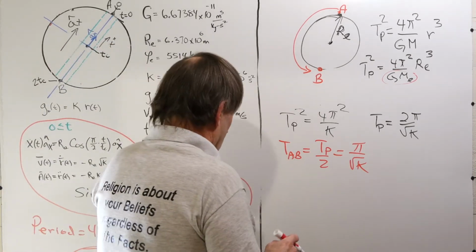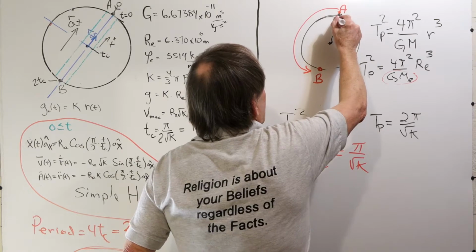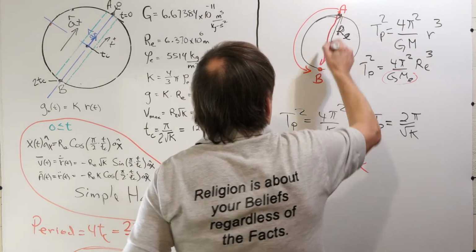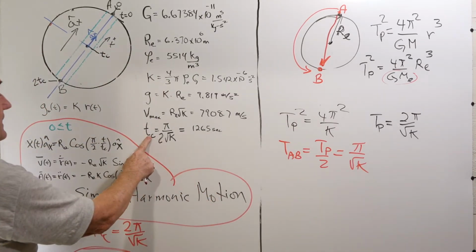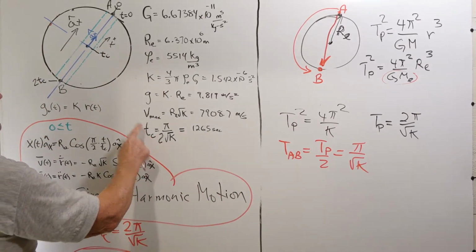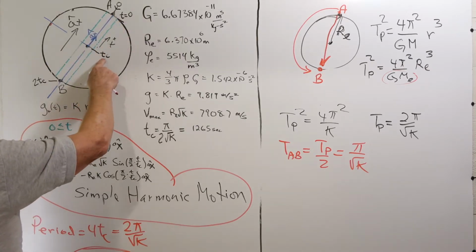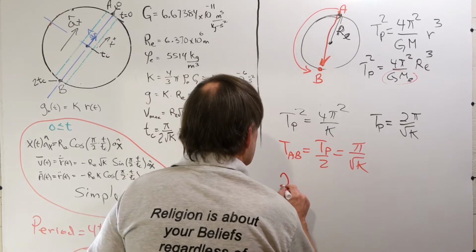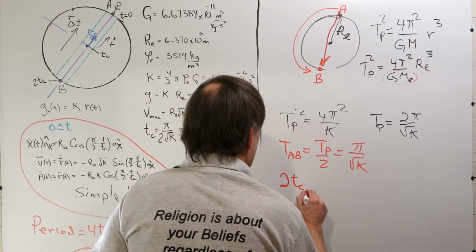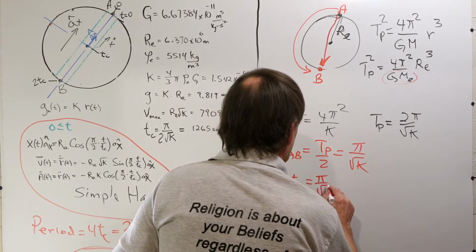Now, what amount of time does it take to go from A to B through the Earth in a tunnel? Well, it's just twice the time that it takes to go from the surface to the center, or twice TC. So 2 times TC is pi over the square root of k.